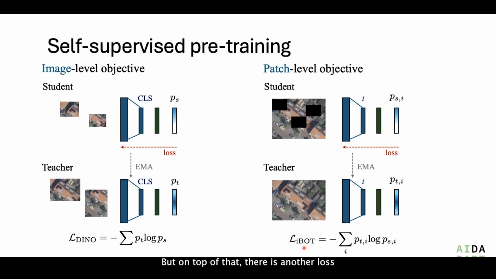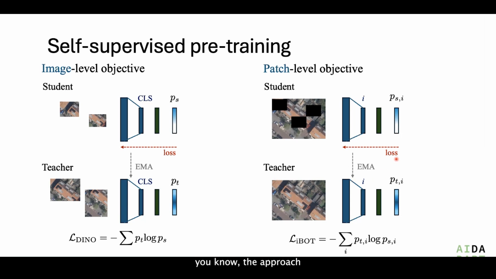But on top of that, there is another loss, which is inspired by iBOT, which is another paper. And in this case, it's a patch level objective, which is a bit similar to what they do in NLP, in which from these patches, we mask some of them, right, for the student, whereas the teacher has access to the full unmasked image. And now the game is different.